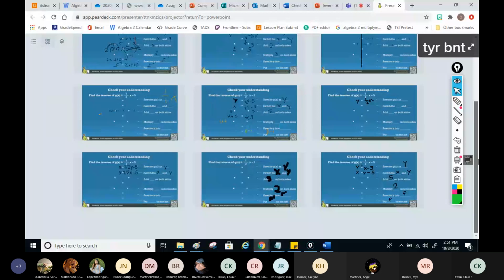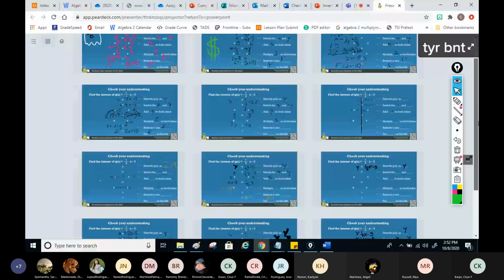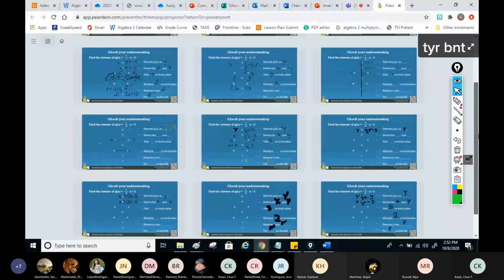All right, so far everyone is on the right track. How would you get rid of the 1/2? That is the tough part, right? How are you going to get rid of the times 1/2? I think the pink heart, you're good.